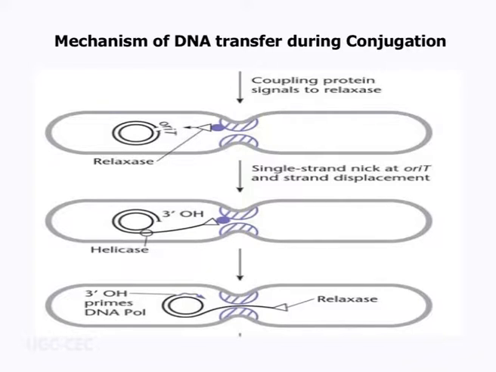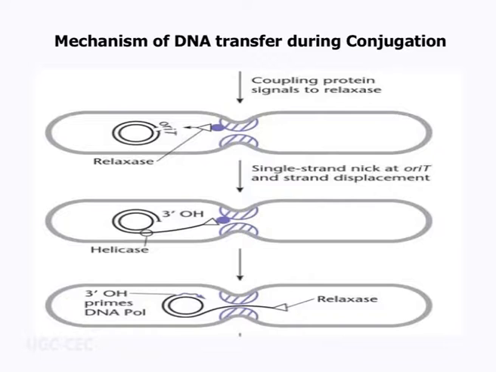These coupling proteins will convey the message to the relaxosome complex, which resides on the OriT site, followed by the action of the relaxase enzyme that creates a nick on the OriT site. This creation of nick generates a free 3' OH, as you can see here, and the tyrosine residue of the relaxase is responsible for attachment to the 5' end.